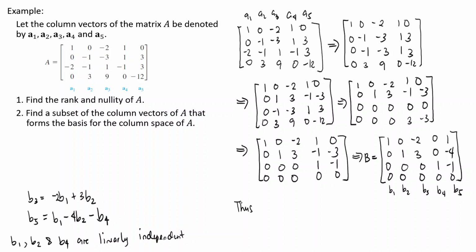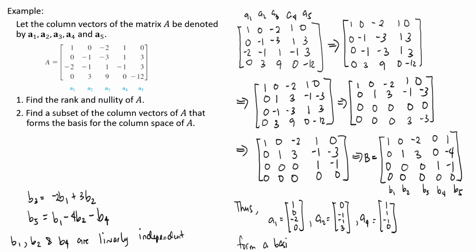So A1, which is equal to 1, 0, negative 2, 0, A2, which is equal to 0, negative 1, negative 1, 3, and A sub 4, which is equal to 1, 1, negative 1, 0, form a basis for the column space of A.